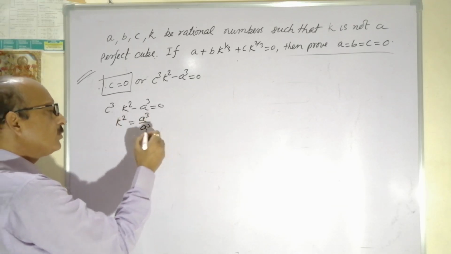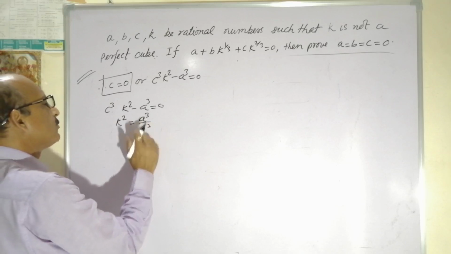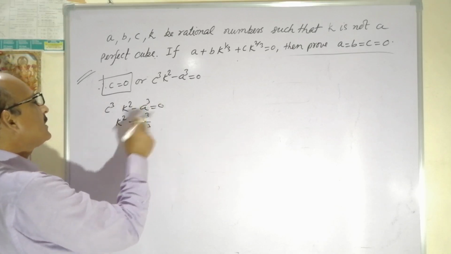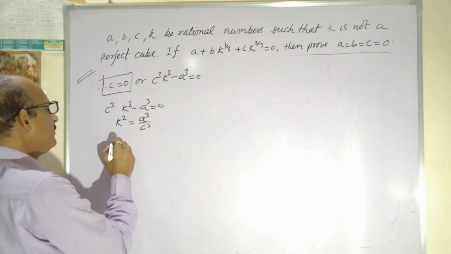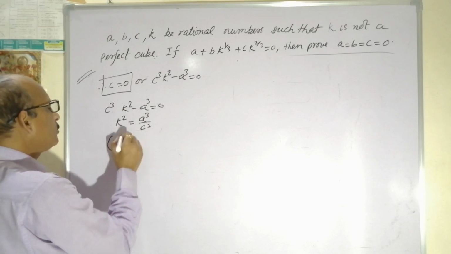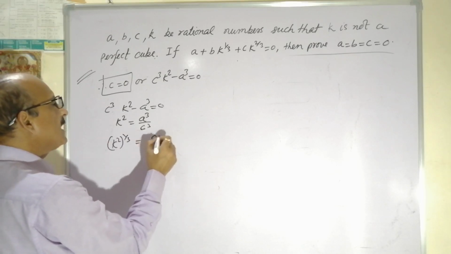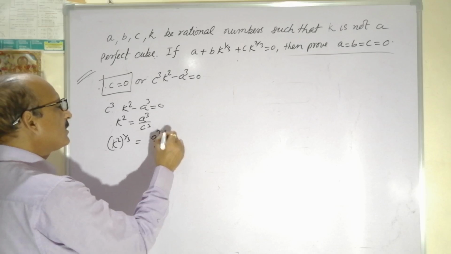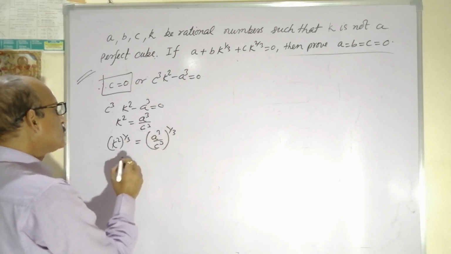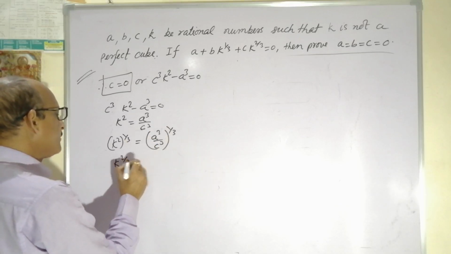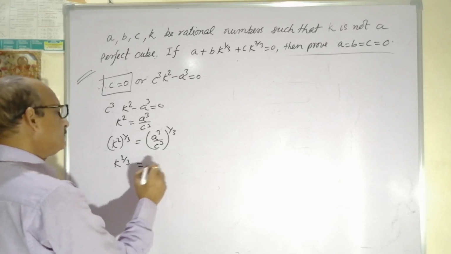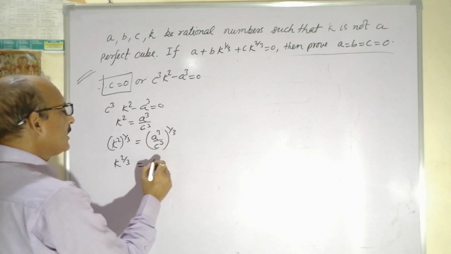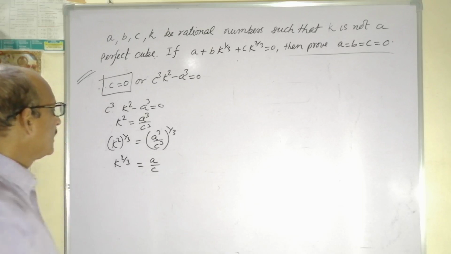If we take the cube root of both sides, we get (k^2)^(1/3) equal to a^(3/3) over c^(3/3), so k^(2/3) is equal to a upon c.